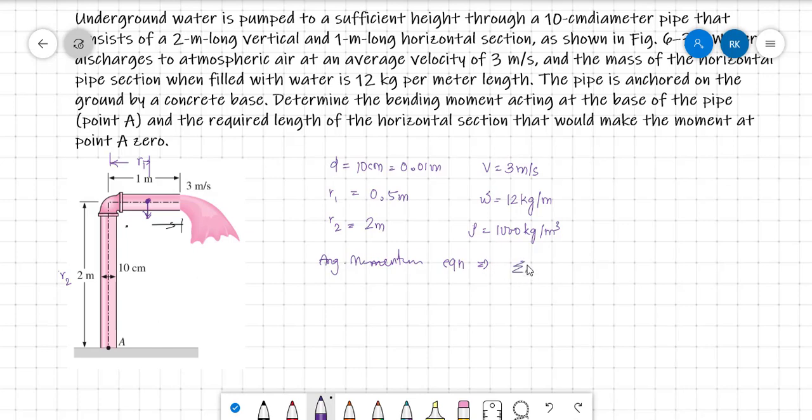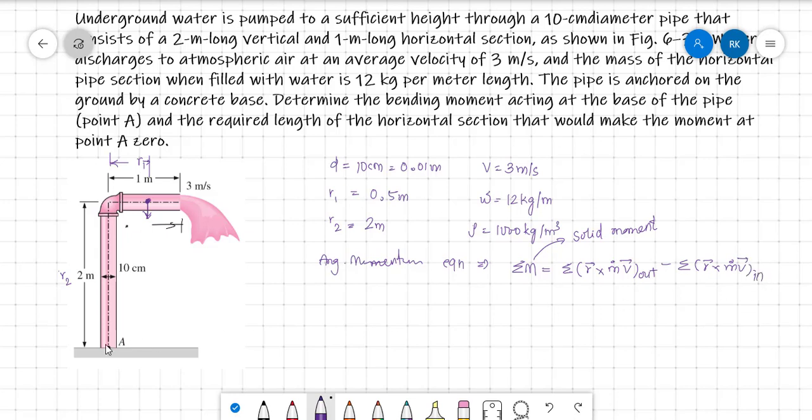So summation of moments, this is solid moments, which means the resisting moment or a moment that is due to the solids, which is equal to summation of fluid outside moment, minus summation of fluid inside moment.